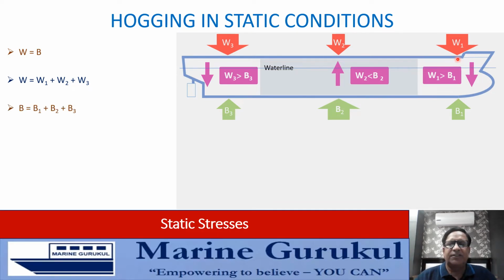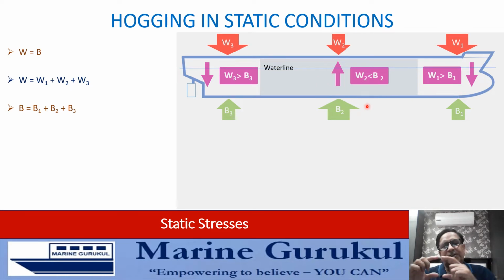Of course, the buoyancy also in this case would be the sum total of B1, B2 and B3, and W will be equal to B as already said. Now if you see the resultant forces, at the forward end there is a resultant downward force, in the middle part there is a resultant upward force, and in the after part there is a resultant downward force.